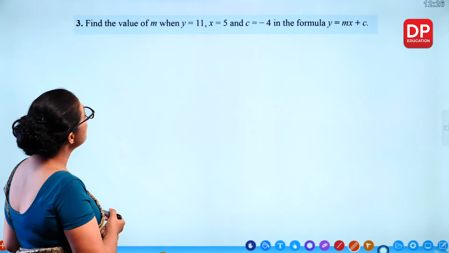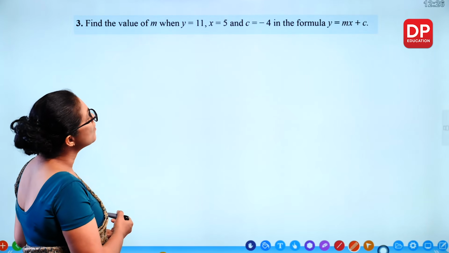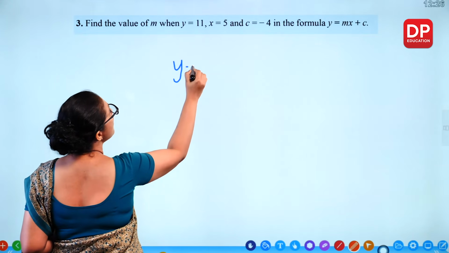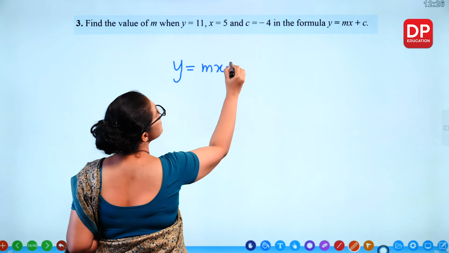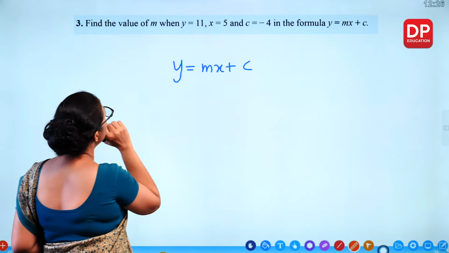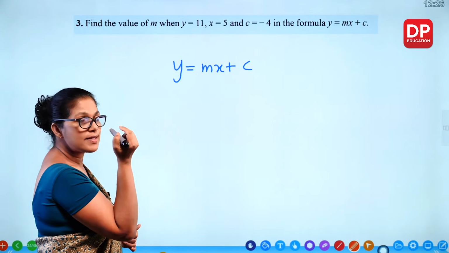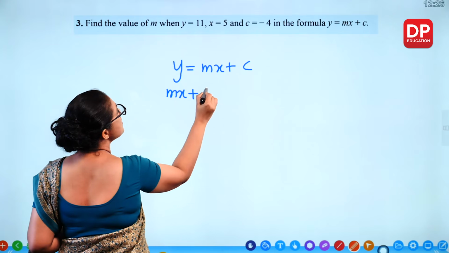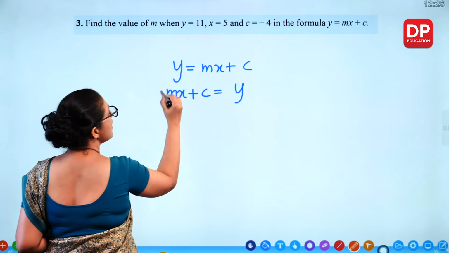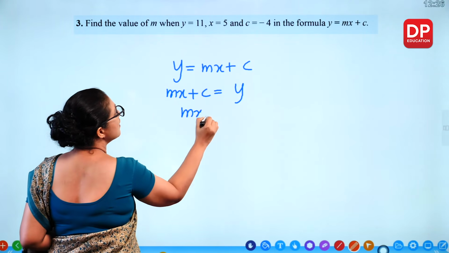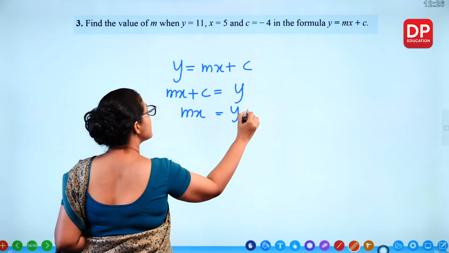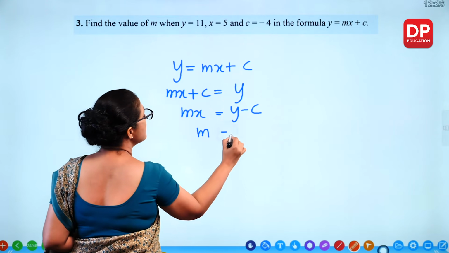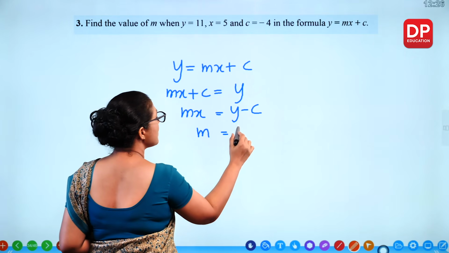Find the value of M when Y equals 11, X equals 5, C equals minus 4 in the formula. Y equals mx plus c. We need m. We can make m as the subject. So I can write mx plus c is y. Keep mx. So y minus c. Then we need m. That means divide both sides by x.